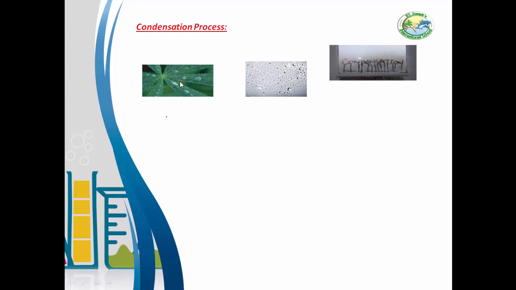So we can say that condensation is a change of gaseous state, like water vapor, to liquid state, like water drops, by cooling. Condensation by cooling. It is a change from gaseous state to liquid state by cooling.